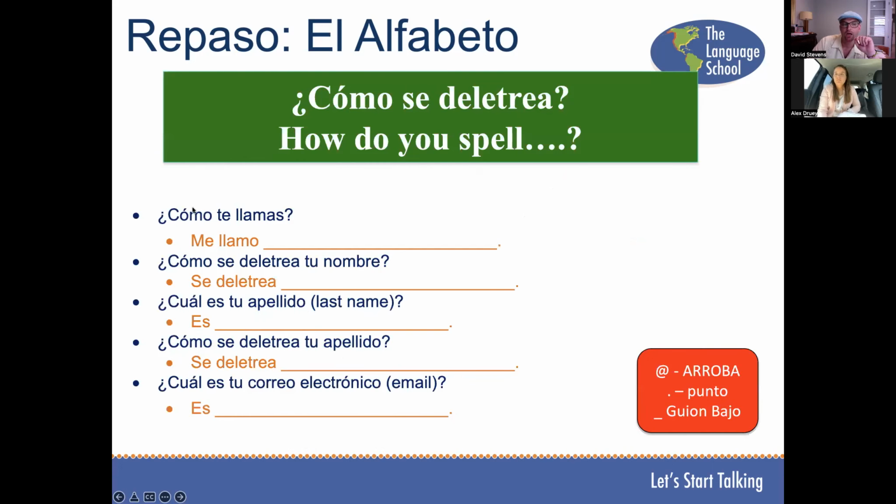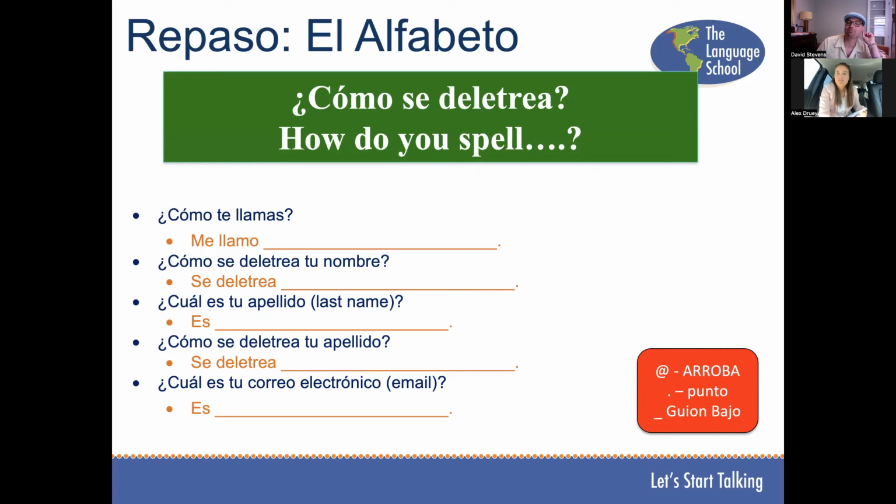Muy bien. ¿Cómo te llamas? Me llamo Alex. ¿Cómo se deletrea Alex? Se deletrea 4, 7, 2, 5, 0, 1, 0, 0, 7, 7. That was your phone number.